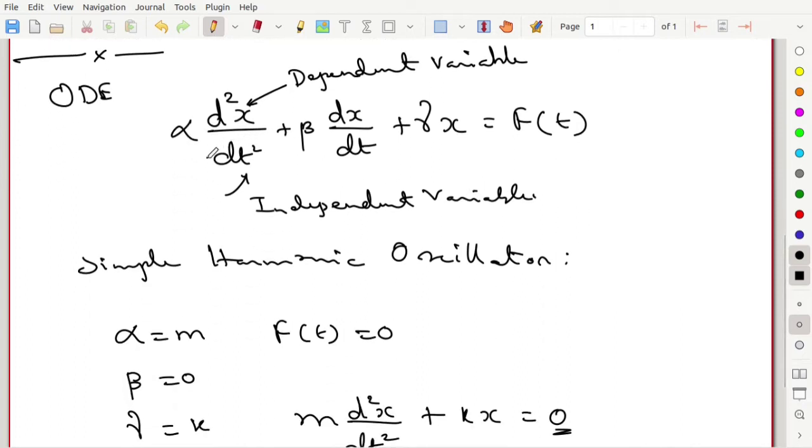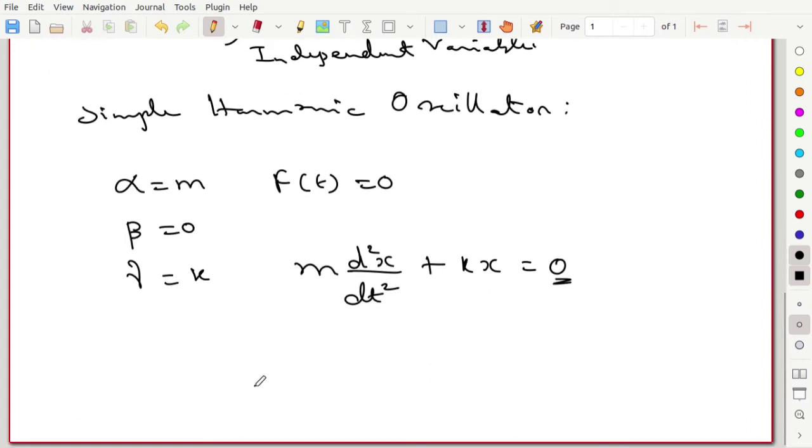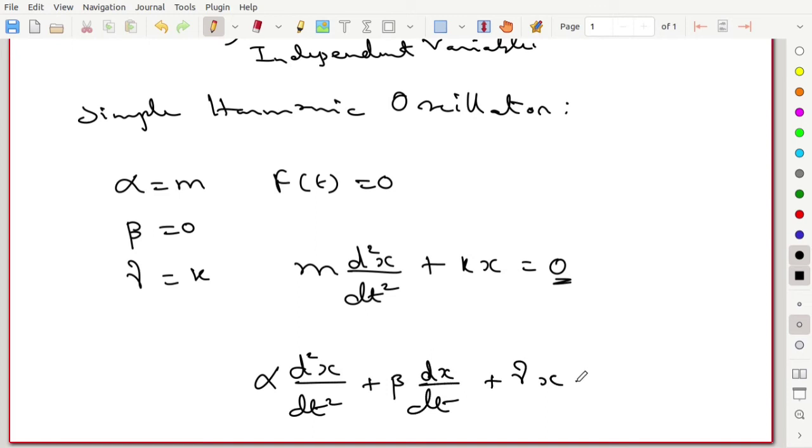The general form of ordinary differential equation can be written as follows. I am taking a second order ordinary differential equation example. So we have alpha d square x by dt square plus beta dx by dt plus gamma x equals some function of t.